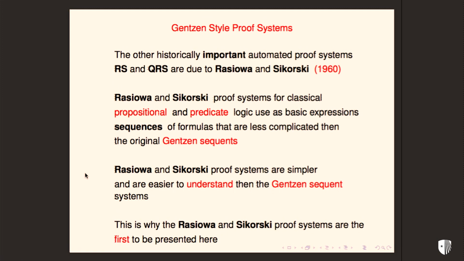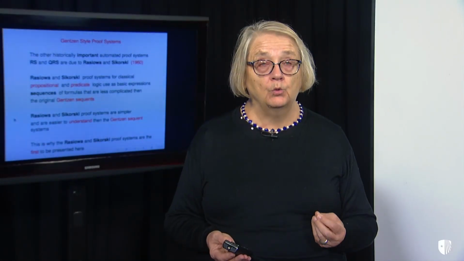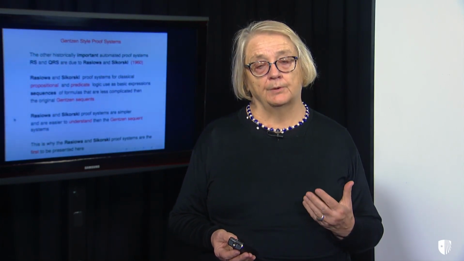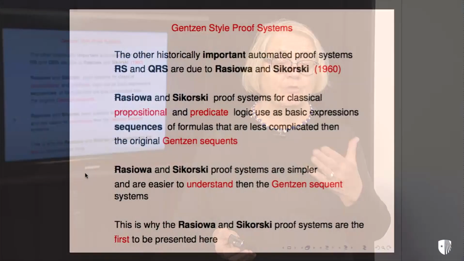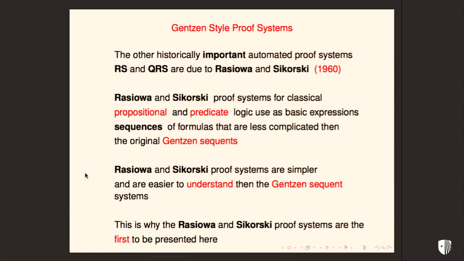They were the first to give a constructive proof for predicate logic, not only for propositional logic. Automated theorem proving systems are very powerful and very nice, but they are also easier to understand as a first approach to that type of proving system than the original Gentzen sequents.